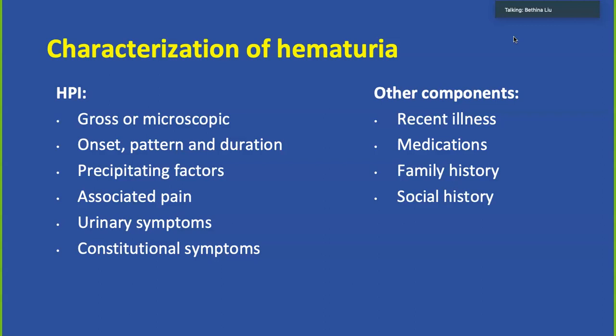Other components of the history, as I mentioned, are any history of recent illness and medications, as well as a family history of renal disease and autoimmune diseases, and also the social history of the patient, such as sexual history and toxic habits.